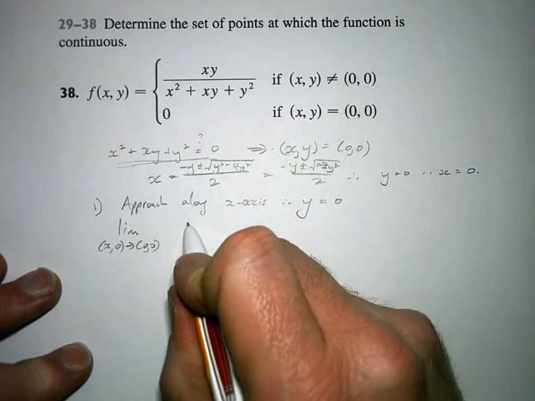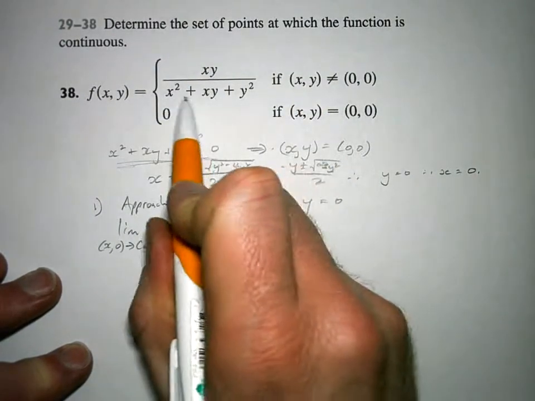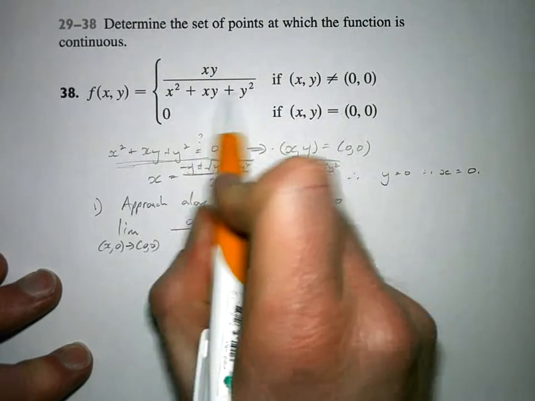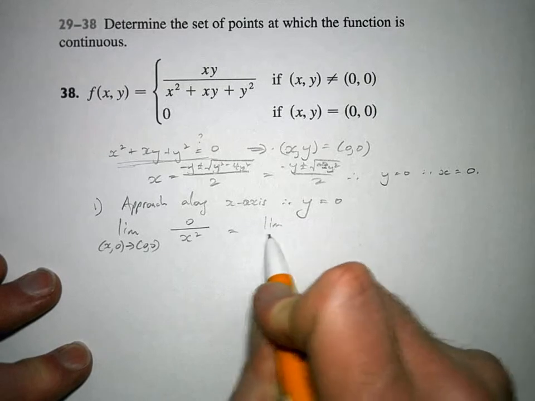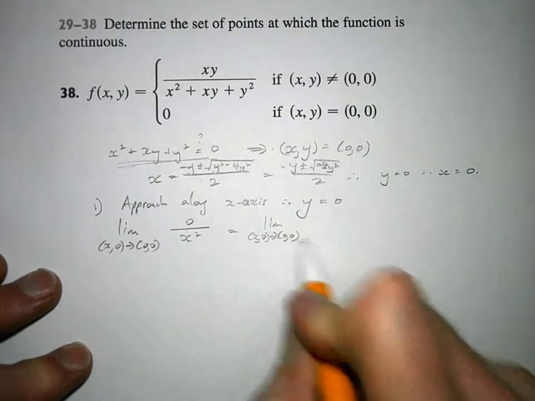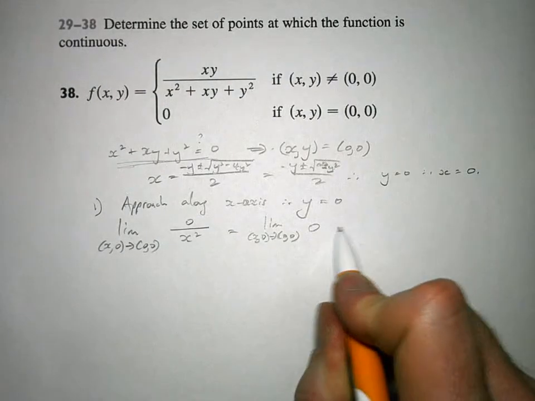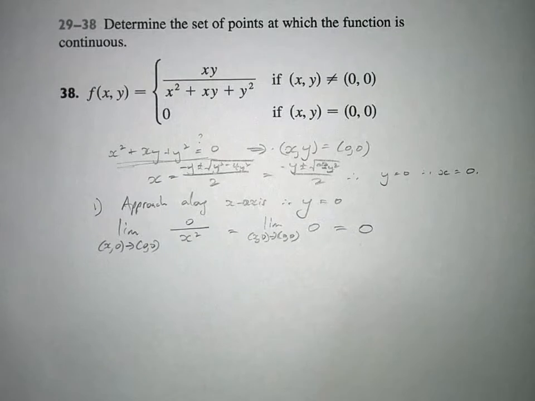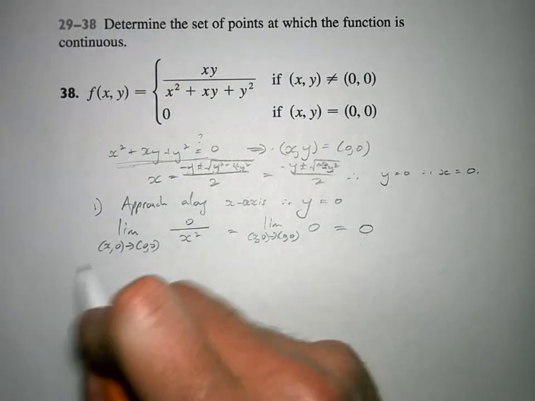Well, our function now is x times 0, so it's 0 in the numerator, divided by every term with y in it is going to disappear because there's 0, so it's just 0 over x squared. And that, as we know from all the examples that we've done already, if you've watched the other videos, is just the limit of 0, and the limit of a constant is equal to the constant. So that's the limiting value if we approach along the x-axis.